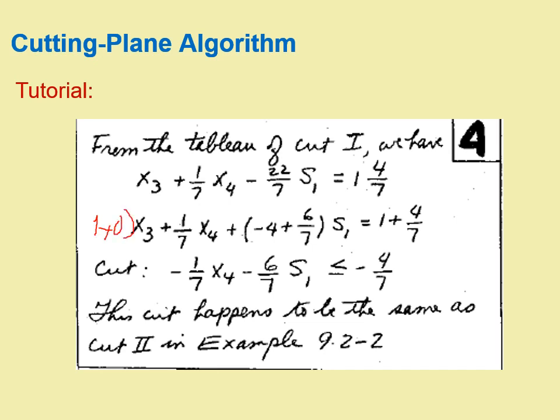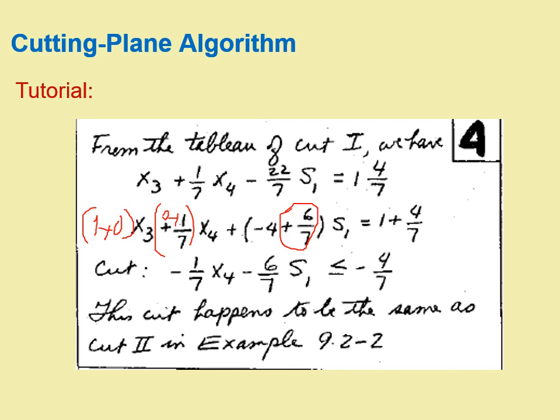Fractional part is 0. And this is 0 plus 1 over 7 x4. Then for this S1, you have minus 4 plus 6 over 7. This fractional part is very important. It should be plus. And for the right hand side, we have 1 plus 4 over 7.